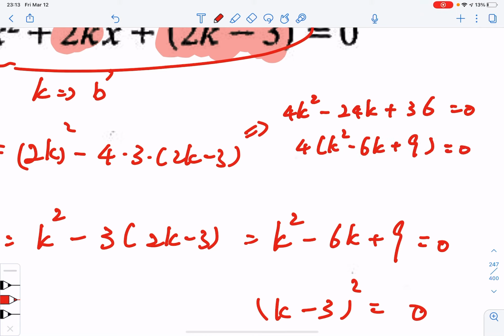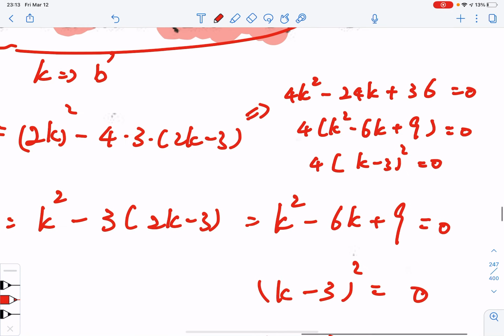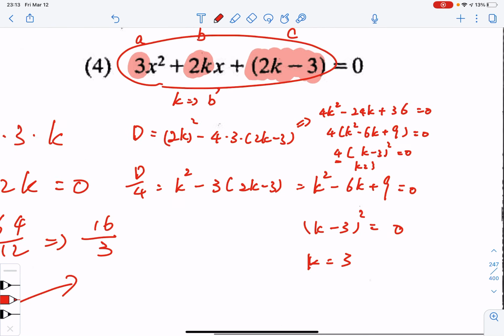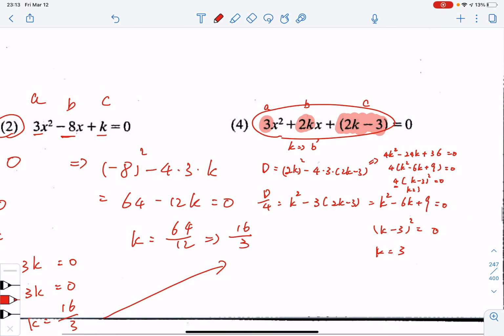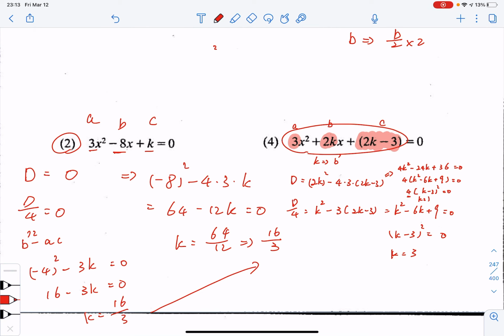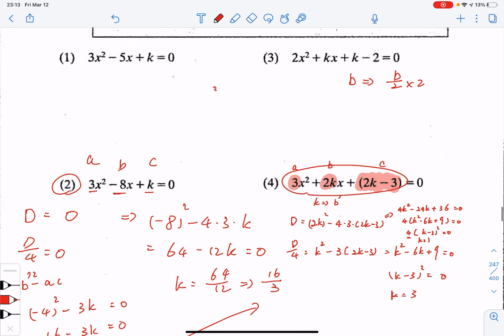It's literally the same thing. Once you do that, the 4 over here would not determine whether it's positive or negative, because it's always going to be a positive number. So that's why k is equal to 3. I get, again, the same number, k is equal to 3. That will make these quadratic functions have a repeated solution.